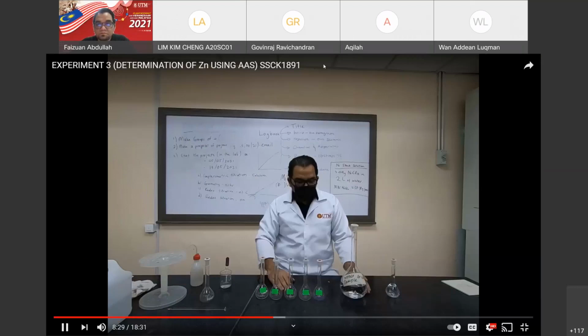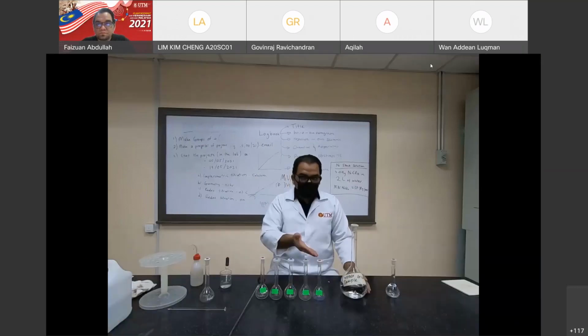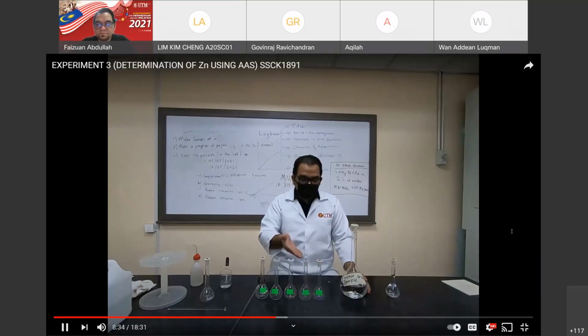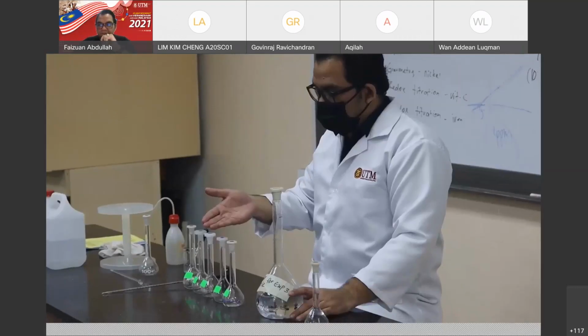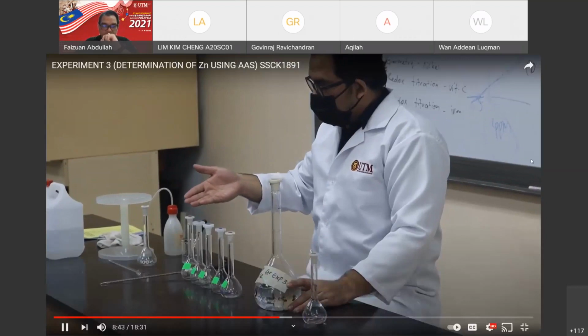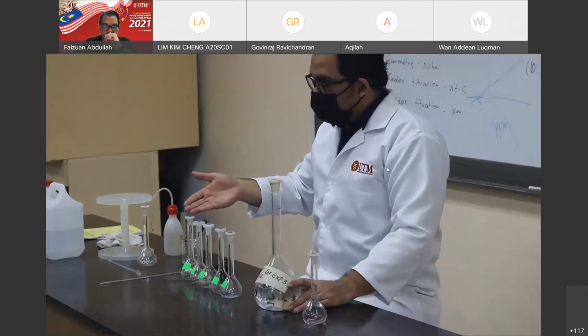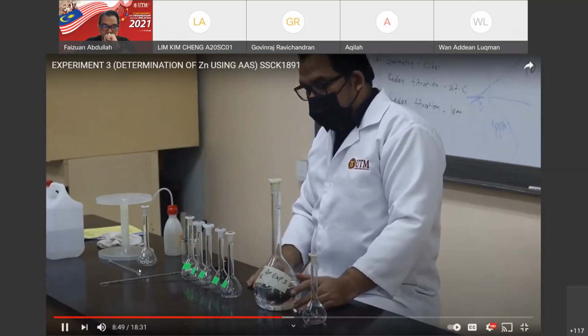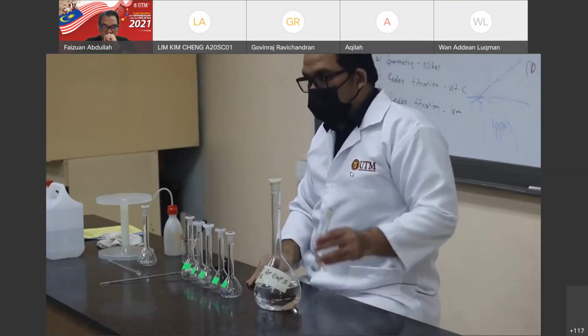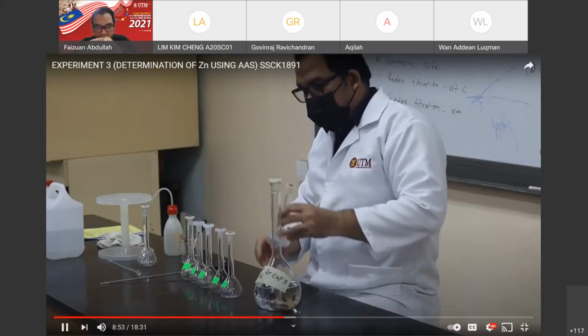I'm going to make up the concentration to X plus 1 ppm, X plus 0.75 ppm, X plus 0.5 ppm, X plus 0.25 ppm, and X plus 0.0 ppm by adding certain amounts of volume from the working standards that I prepared earlier.